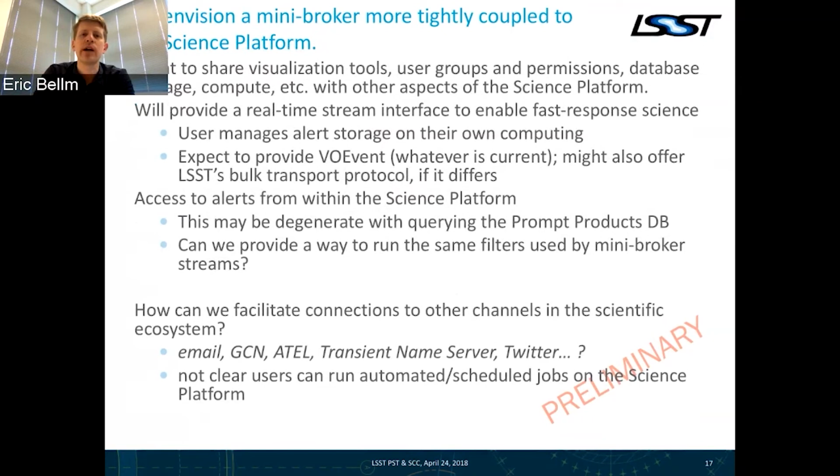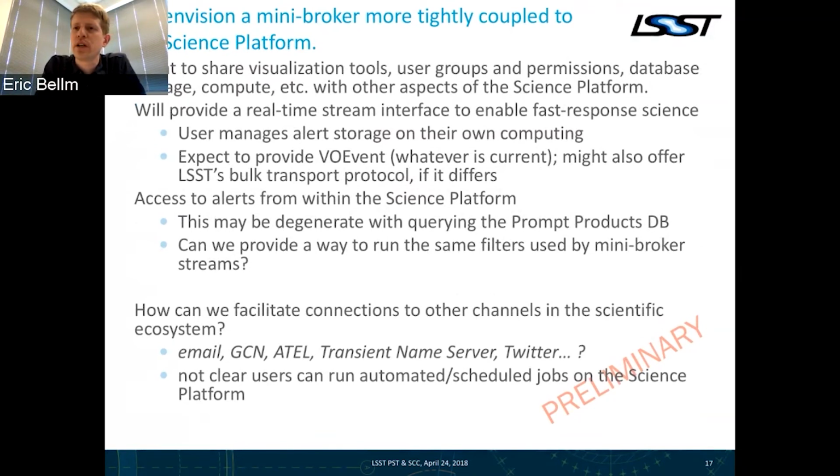I'm also thinking about, to what extent we can enable or want the Science platform and the MiniBroker to be able to talk to other channels in the larger time domain science realm, everything from email through things like the transient name server.